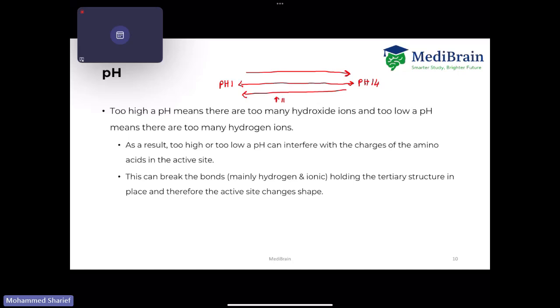So increasing H plus ions and increasing hydroxide ions. Okay, so if the pH is too high, if it's like pH 14 or something, there are too many hydroxide ions.